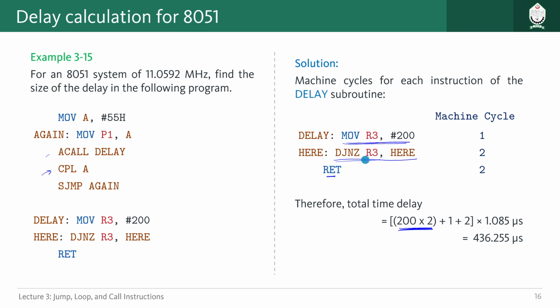This is for the middle line, this is for the first line, and this is for the last line. So this is the total number of machine cycles needed for completing this subroutine. For this kind of system, we have 1.085 microseconds for each machine cycle, so if you multiply that with this value, you are going to get the result. Very simple to understand, right?